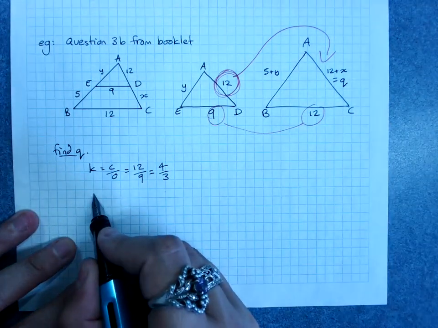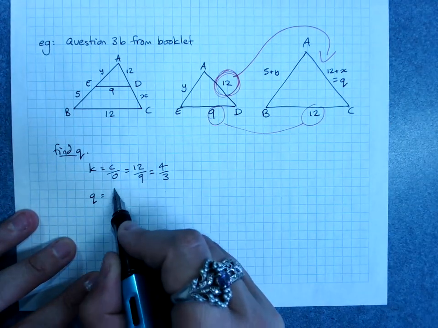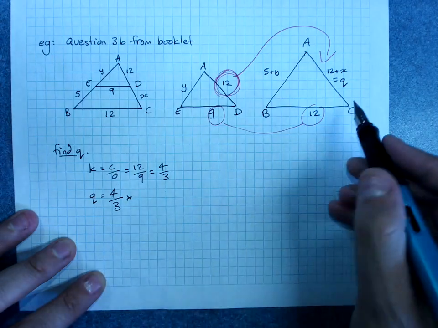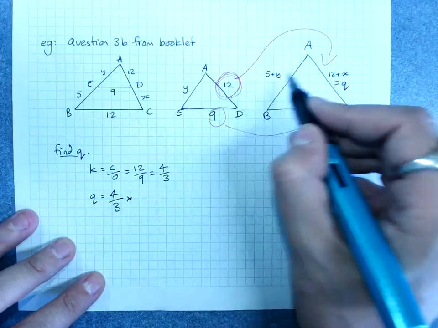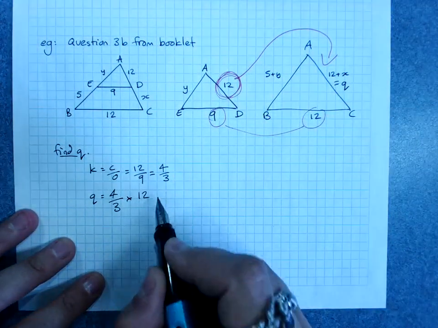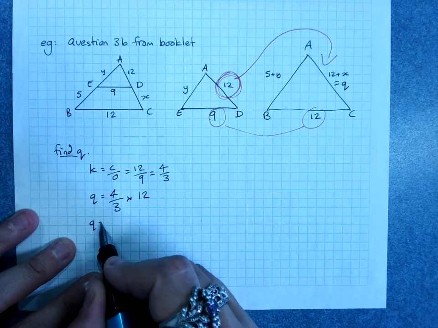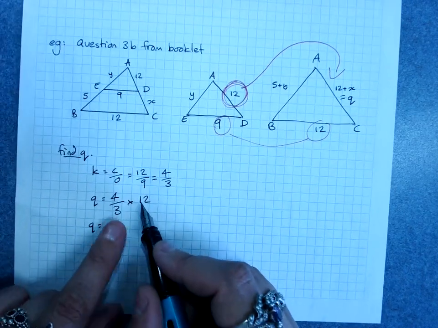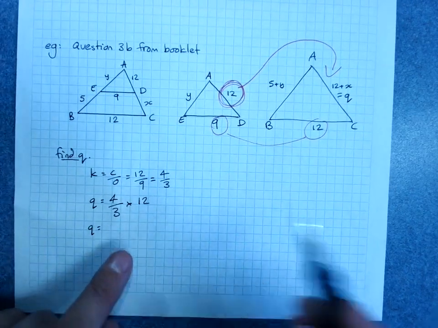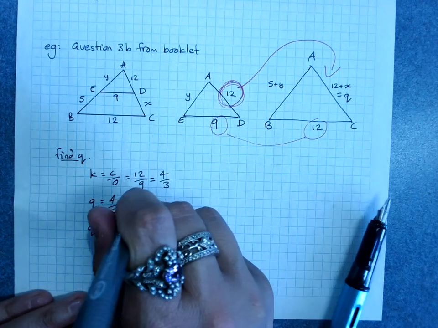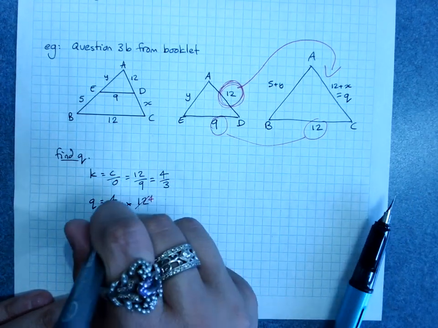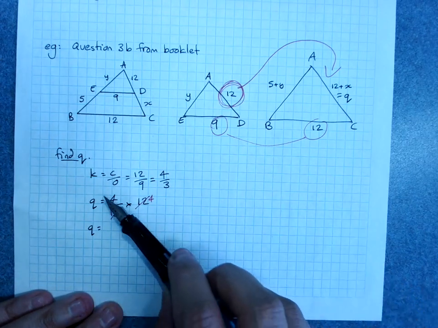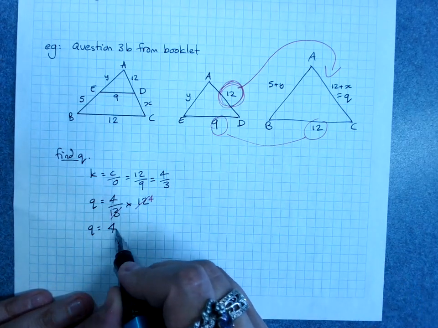To find Q, then, it's the scale factor, 4/3, times the corresponding side to Q, which is 12. Again, use your skills with fractions to recognize that you can cancel a 3 out of the 12. 12 divided by 3 is 4, 3 divided by 3 is 1, so 4 times 4 is simply 4.